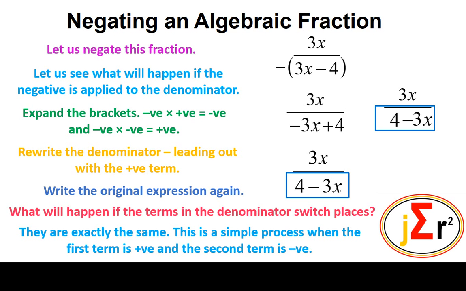We multiply by the negative sign. So negative times positive will give you negative. Negative times negative will give you positive, and then we place the positive one at the beginning. So it is not magical, it is highly mathematical, but we just need you to be familiar with this process.